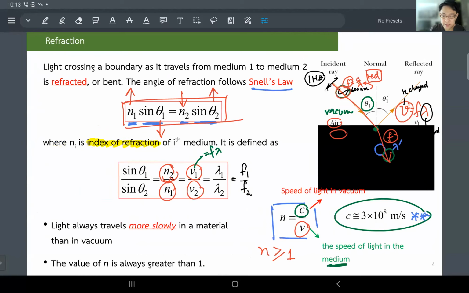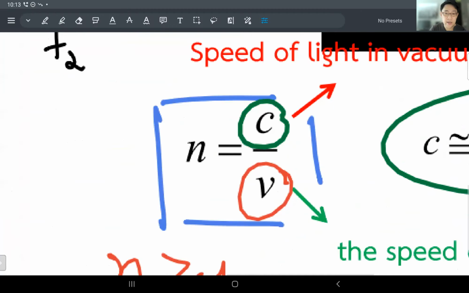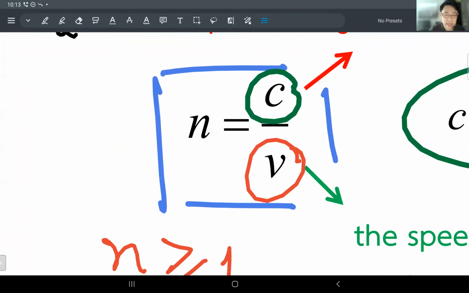This is the one that we are going to use pretty much every time light is trying to go from one medium to another medium with different properties. That means we use the refractive index, or index of refraction, to describe how fast the light can travel in that medium.